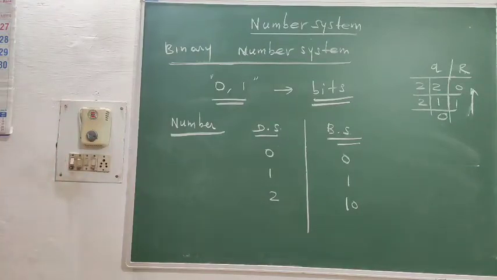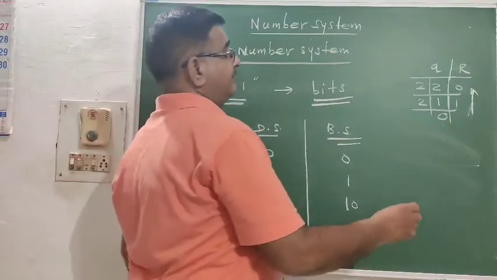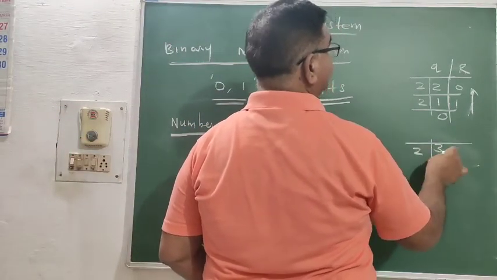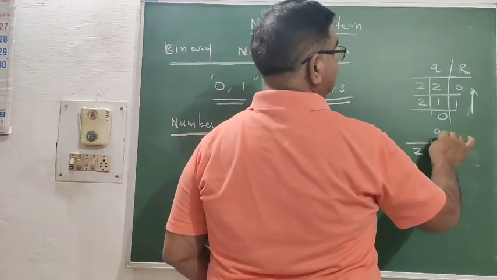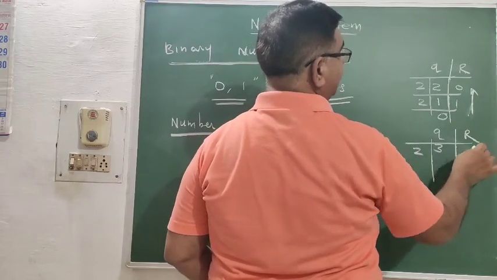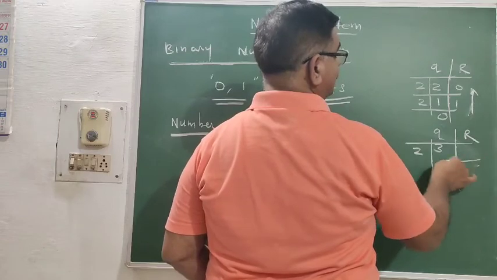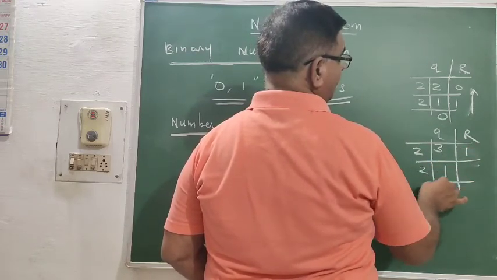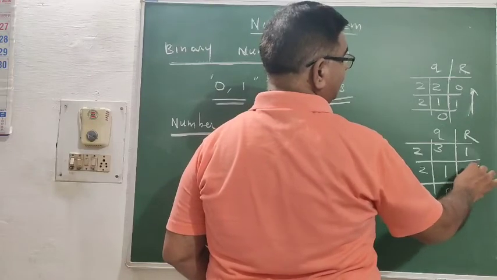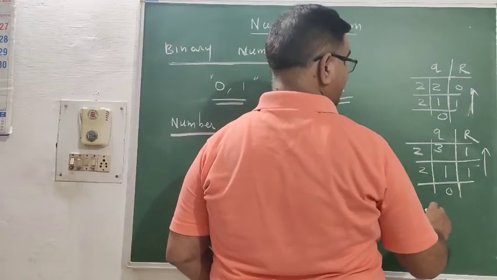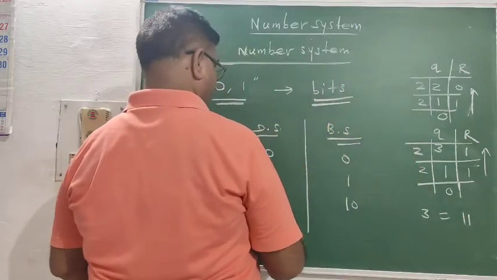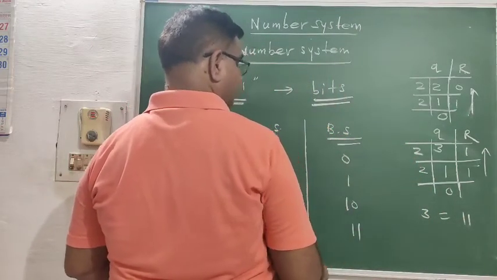How do you write 3? To write 3 in the binary system, divide 3 by 2. Write the quotient here and the remainder here. 2 ones are 2. The remainder is 1. Dividing 1 by 2, the quotient is 0, remainder is 1. Then 3 is written as 11.